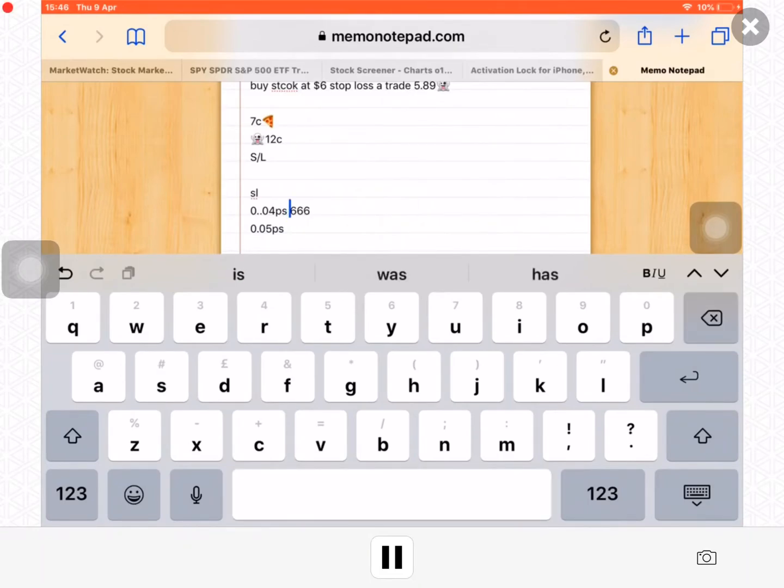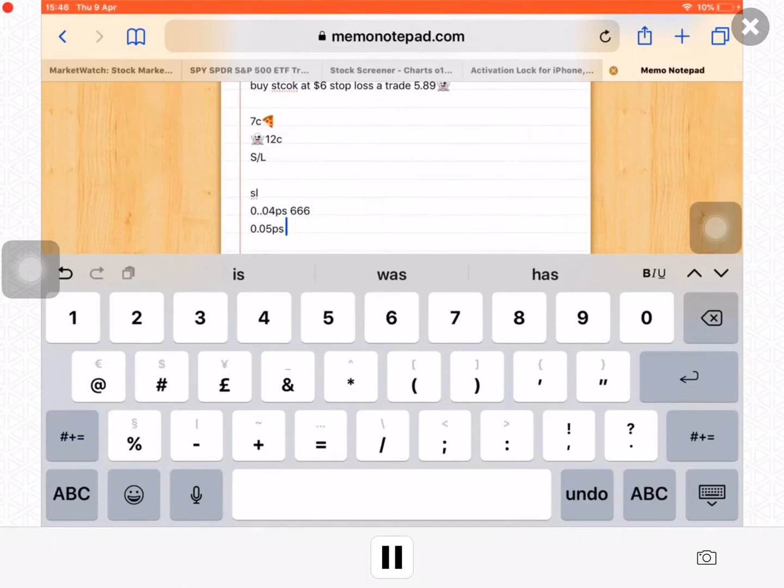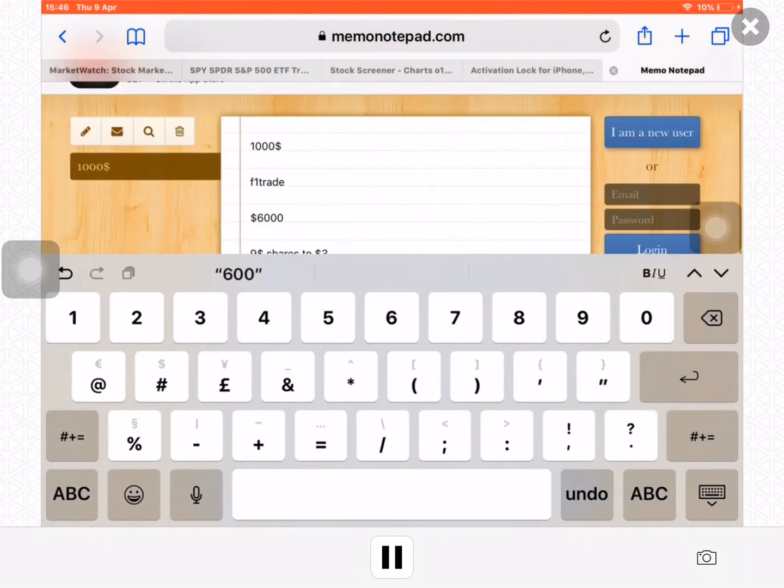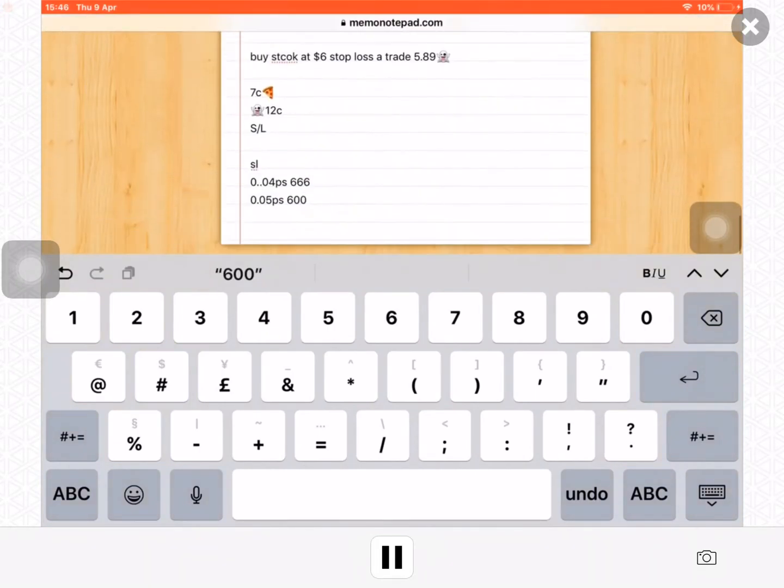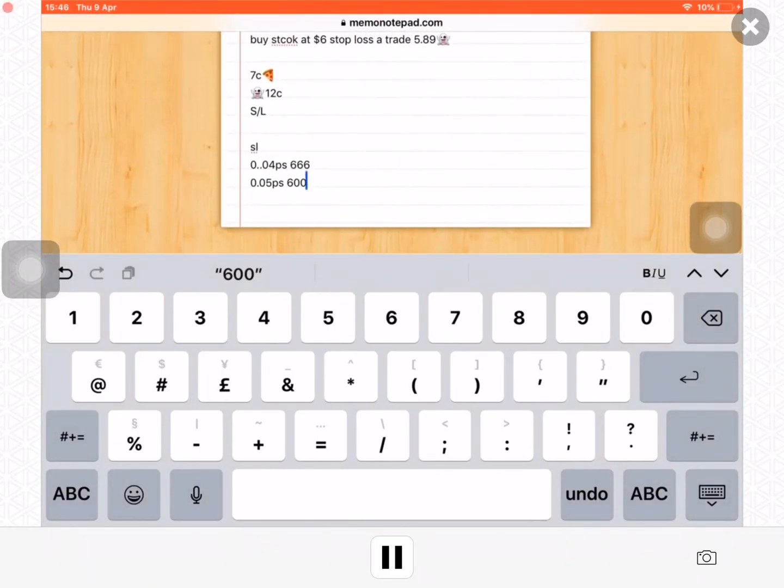If it's 0.05 cents per share, then I buy 600 shares, and this is basically 3% of $1,000. This is my account balance, $1,000. If you times 666 by 0.04, you'll get about $30. If you times 600 by 0.05, you'll get about $30. So you see where I'm going with this.